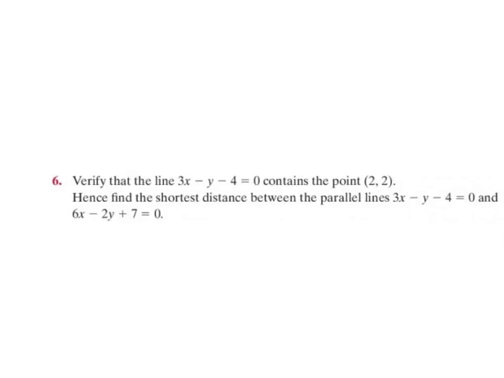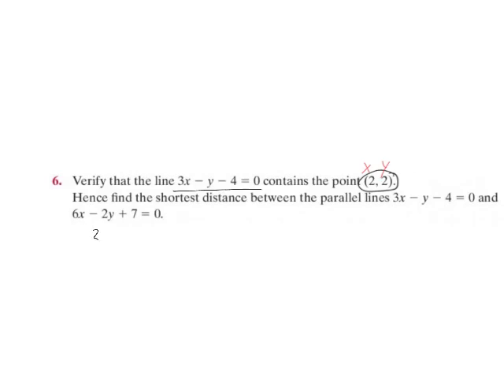Okay, so the idea here is that if we have two lines, we can put the right. Let's first see. We have to show that the point 2, 2 is on this line. Okay, so what we do, we just label again x, and this is the y, and then we just put it in.